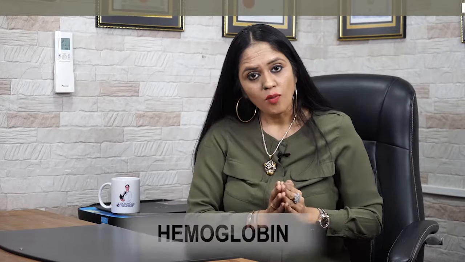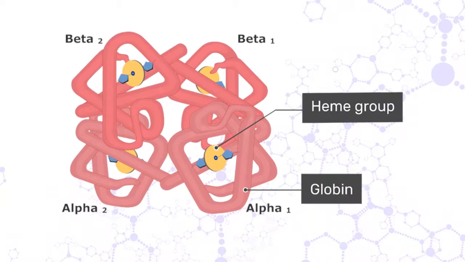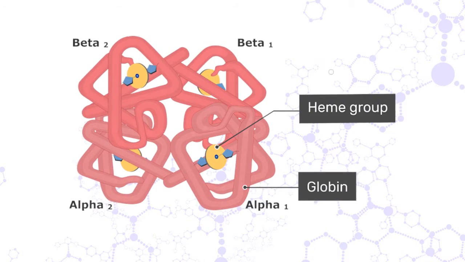The main job of hemoglobin is to carry oxygen to each and every cell of our body. This hemoglobin is made up of two components, heme and globin. The heme part has the iron and the globin is the protein component. This globin protein has two chains, an alpha chain and a beta chain.